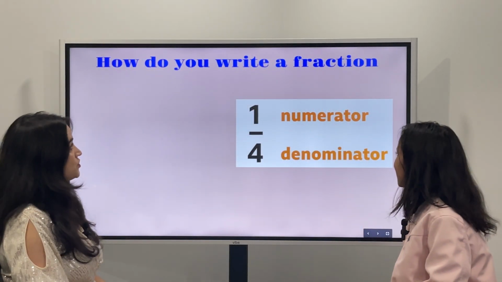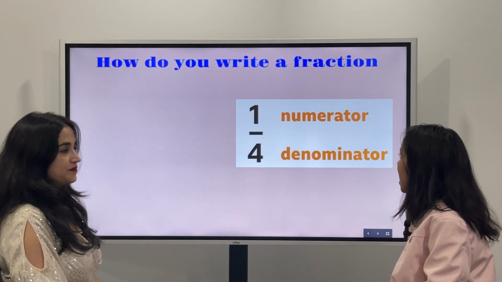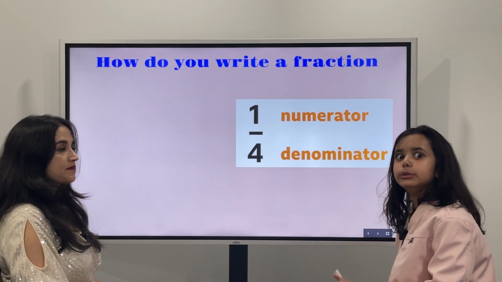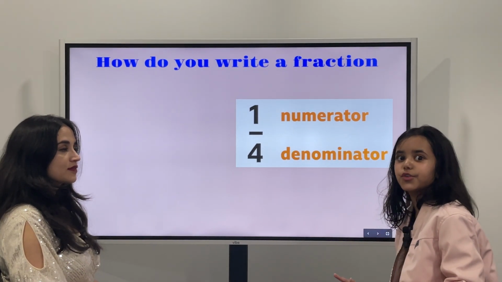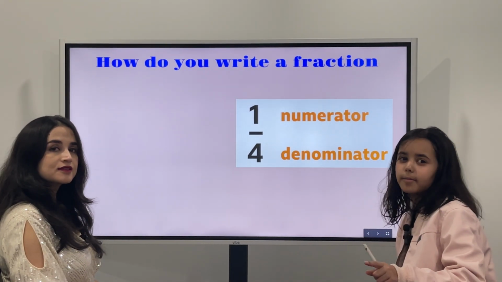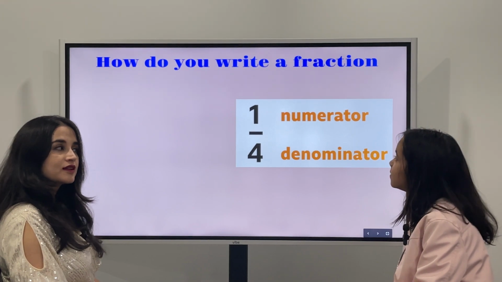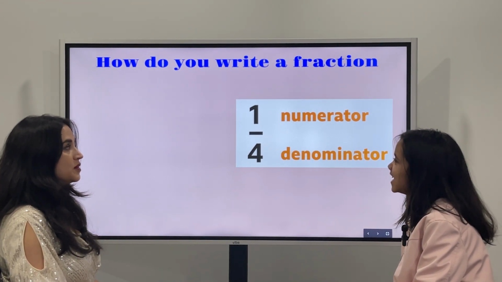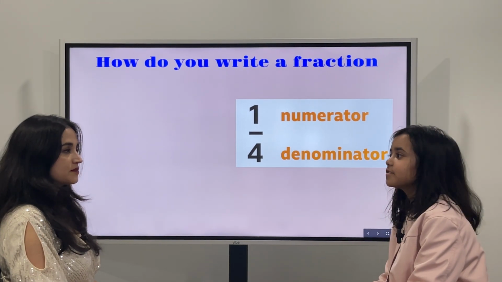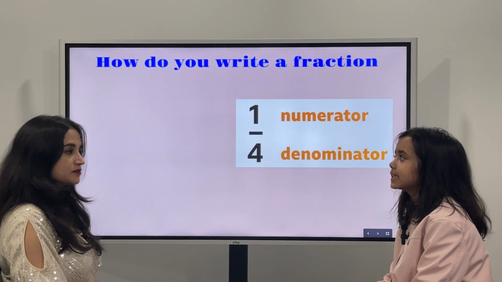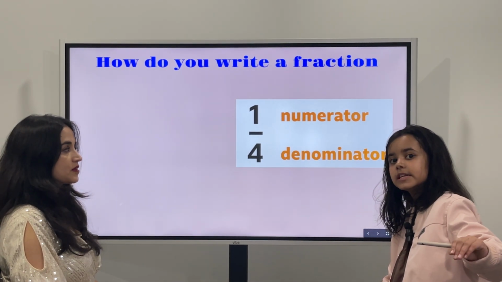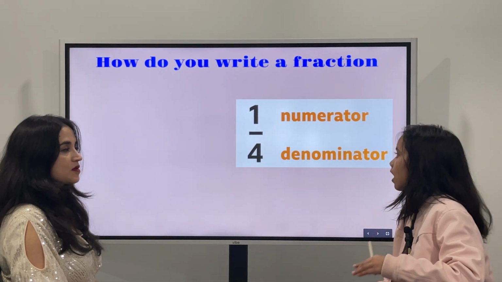So now, how do you write a fraction? If you're in grade 1 or grade 2, probably grade 1, you might not know numerator and denominator. So numerator means the top number, and denominator means the bottom number.